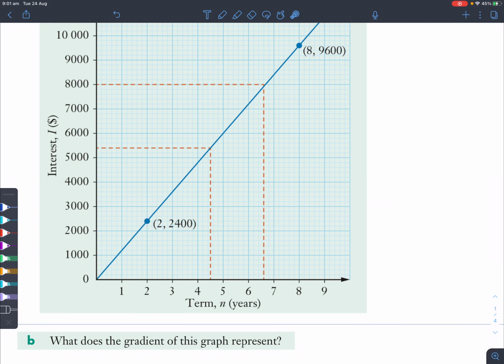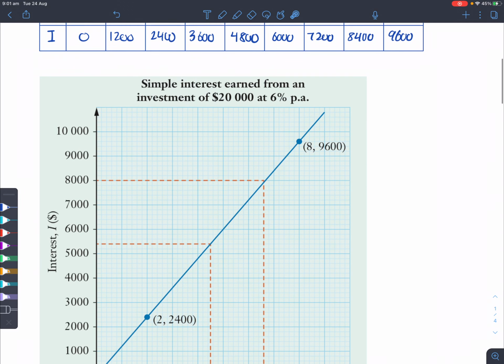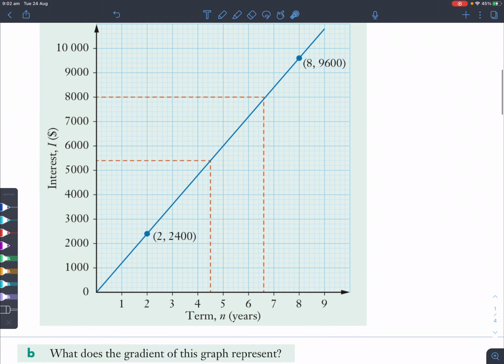But remember what I said before, that 1,200 was right here. It is the number before our letter n, and what does it tell us? It tells us that every single year, our interest grows by $1,200. If I analyze what happens after 1 year, this goes up by 1,200. After another year, 1,200, and so forth. It's always going to be the same value that it goes up by every year.